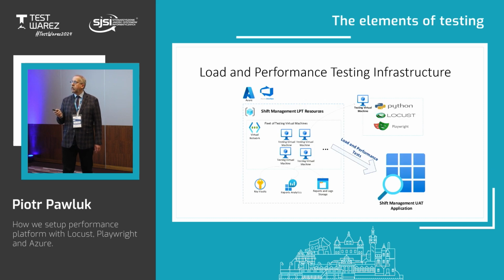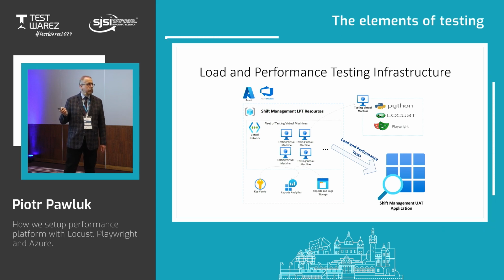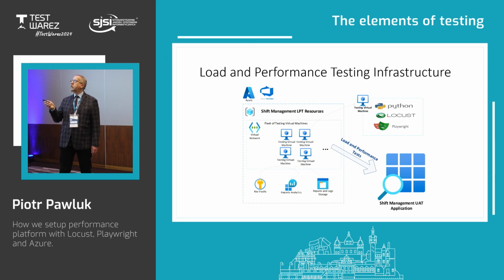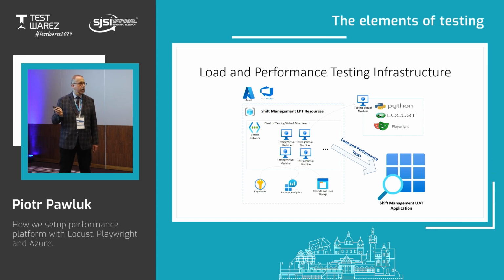Okay, more or less how it looked. Azure to orchestrate everything, virtual machines, some key vaults to store usernames and passwords, reports analysis, reports and logs, and the application under test here. On each virtual machine we installed Python, Locust, and Playwright, and then our script.